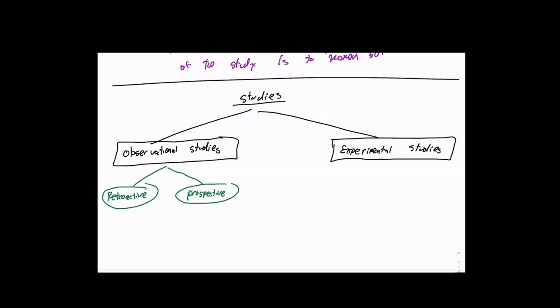In an experiment, there are three major types of experiments. There's a completely randomized experiment. This is very similar to a simple random sample. There's what we refer to as a blocked experiment. This is very much similar to stratified.